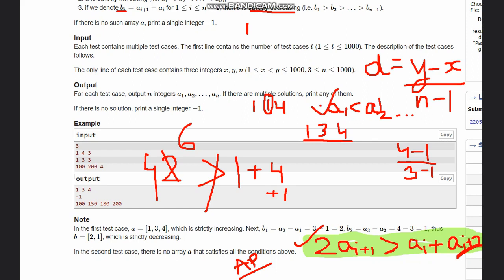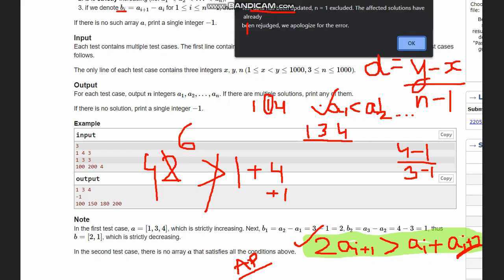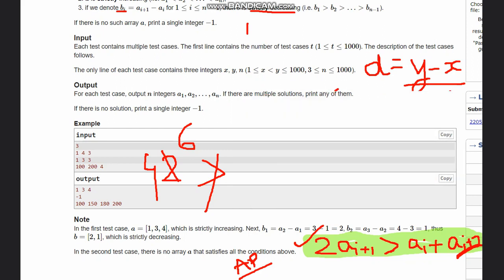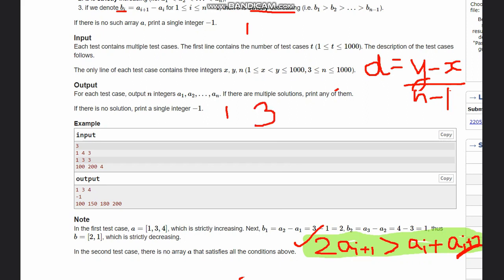So just check this condition, and if this condition and this condition both are satisfied, then we return the series, else we return -1. So looking at another example of 1, 3, 3. Let's first clear this out. So x is 1, y is 3, and we have n also as 3.